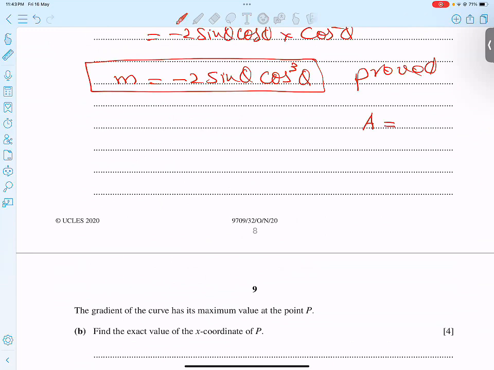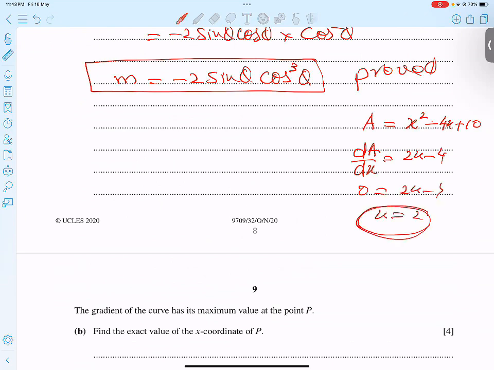Let's say the area of any shape is x square minus 4x plus 10. If I'm looking for the maximum area, what is the technique? I will differentiate d over dx, and I got this, and I'll plug in 0, and this x becomes 2. And this is the x coordinate where it's a given max.